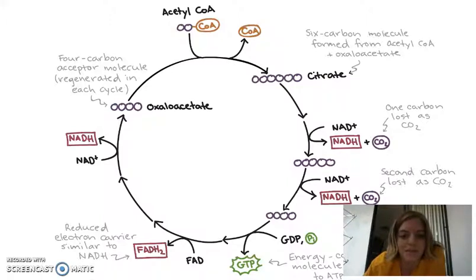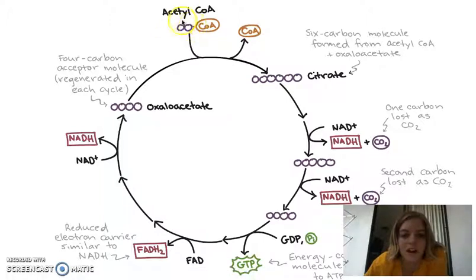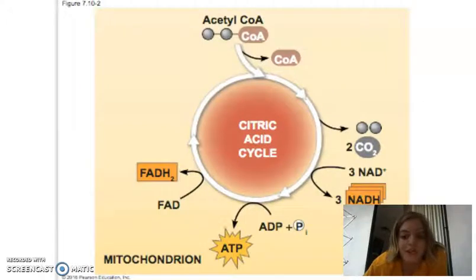And as I've mentioned, the most important thing for you to know is what's going in and what's coming out. This is the acetyl group on your acetyl-CoA. This is an even more simplistic version that really just shows you what's going in and what's coming out. And this is from figure 7.10 in your textbook. So we start with our acetyl-CoA. Once again, we have our 2-carbon molecule.